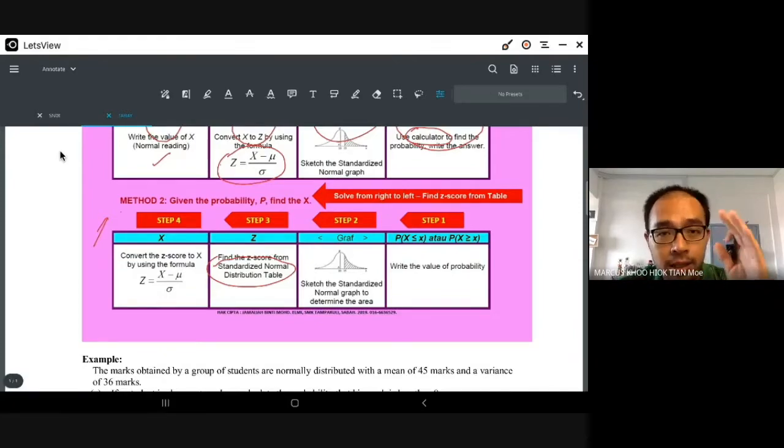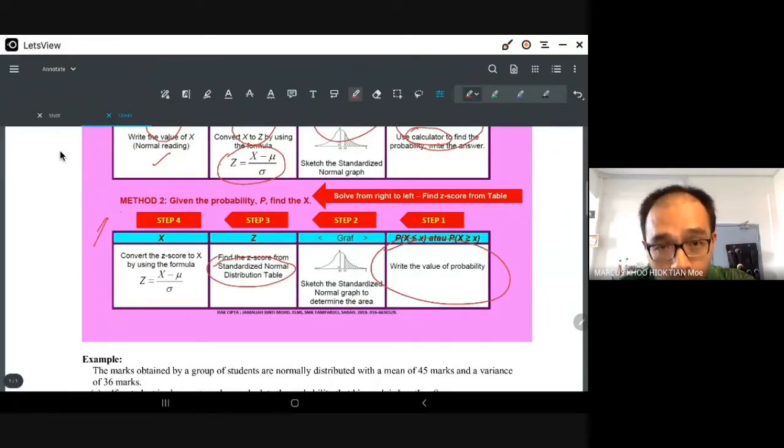This is the situation: I give you the probability, I start from here, and I ask you to work your way backwards by finding x. So this is the step. Write the value of the probability, sketch the standardized normal graph to determine the area, and then find the z-score. Only then you convert to x.